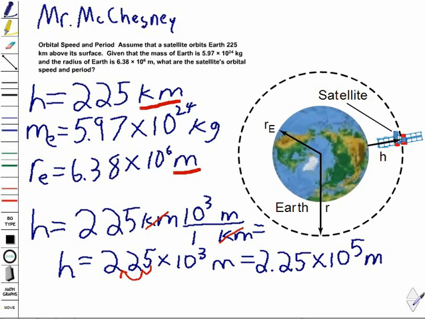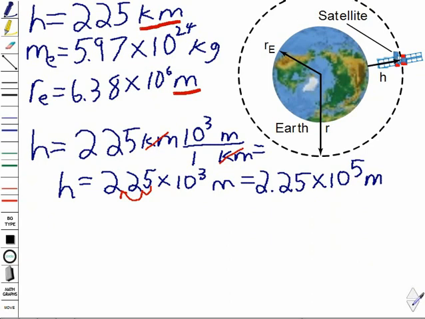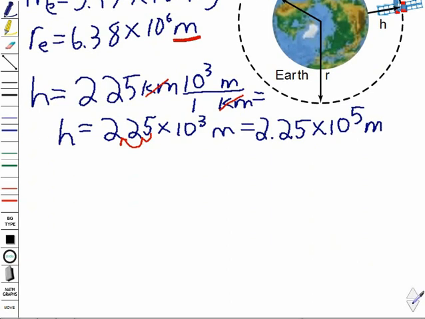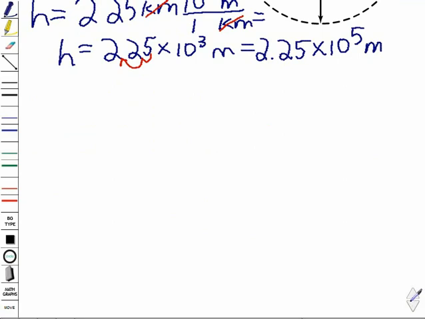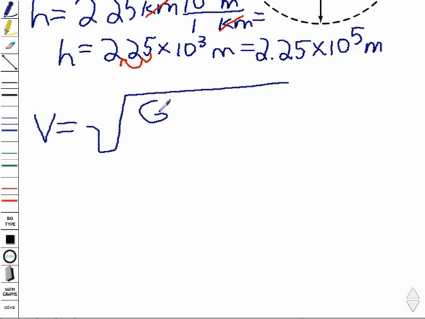So now we can start the problem by looking into the chapter and seeing what formula we use. So as I scroll down here, the formula I'm going to use is orbital speed, v, is equal to the square root of big G, the universal gravitational constant, times the mass of the Earth, divided by r.